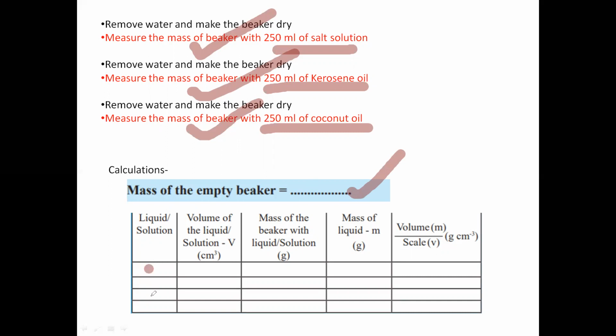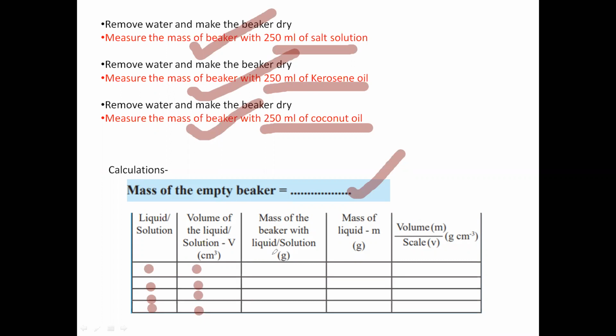So we can put here water, kerosene oil, coconut oil, and concentrated salt solution. And you know the volume of liquid. Every time this is 250 cubic centimeters, that is 250 milliliters.